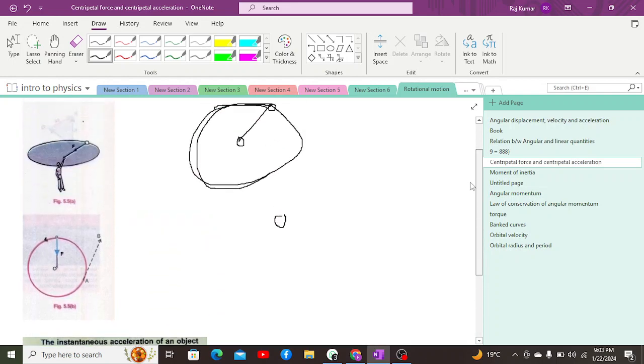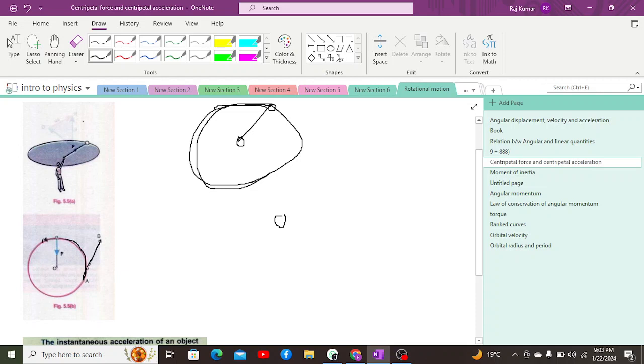Let's suppose we have a particle, and this particle has its displacement in this direction. It is going in a linear motion, but due to the centripetal force, it will tend to move in a circular path.